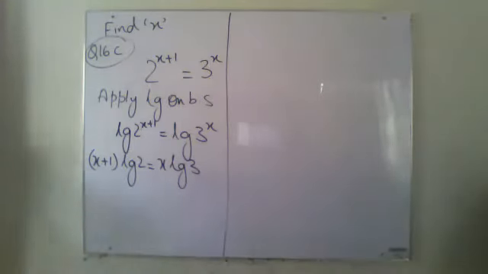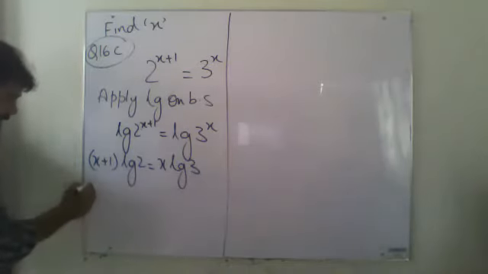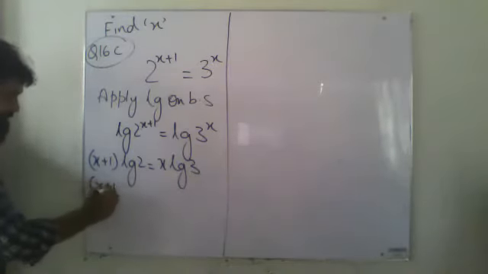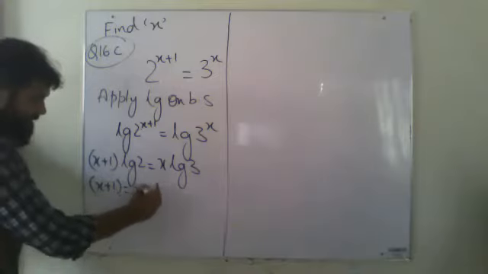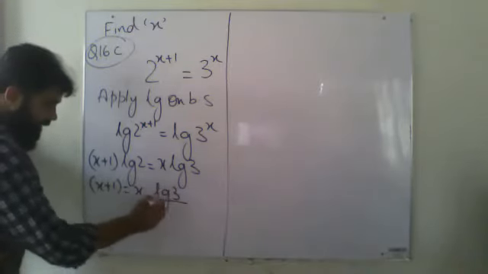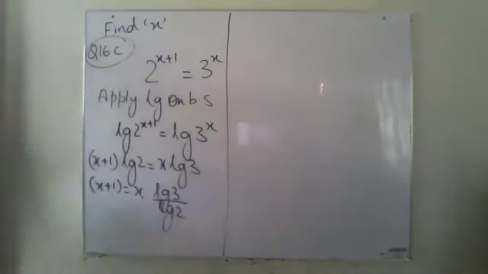Okay, after this I'm shifting LG2 over here, so this will become x plus 1 equals to x LG3 over LG2.